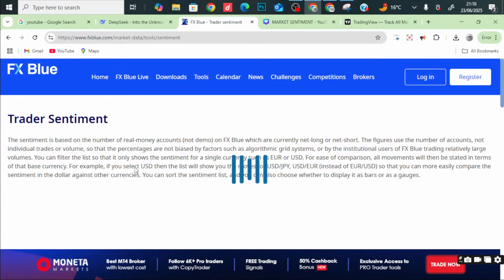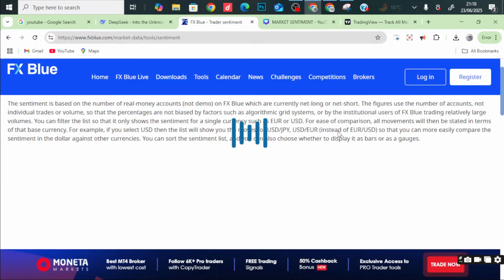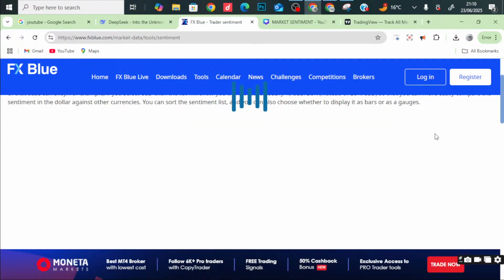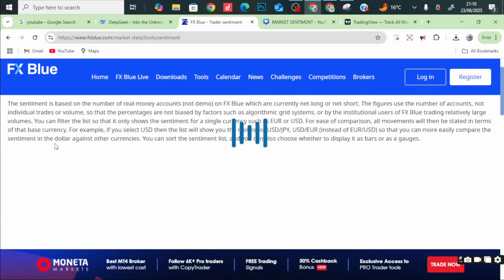For example, if you select USD, the list will show you the movement of USD JPY and USD Euro instead of Euro USD, so you can more effectively compare the sentiment of the dollar against the other currencies. You can sort the sentiment list and can also choose whether to display it in bars or as a gauge.